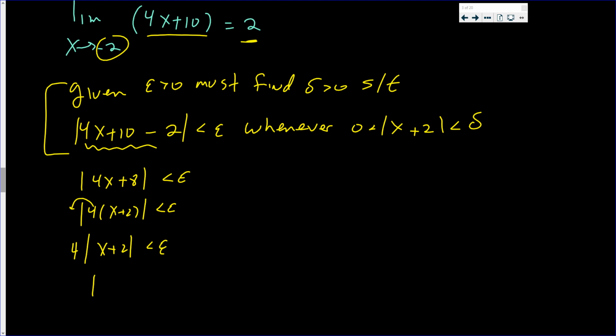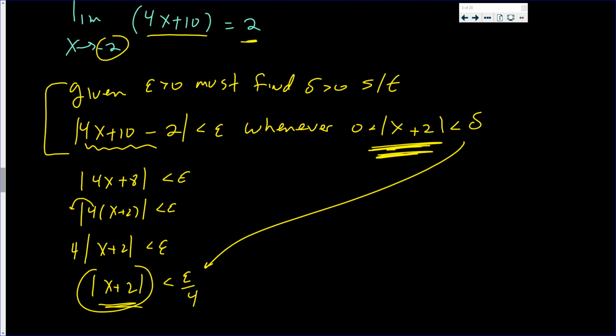If I divide both sides by 4, then this is exactly this: x plus 2 is less than epsilon over 4. Once I get this and this the same, then I just say delta equals that. So choose delta equal to epsilon over 4.